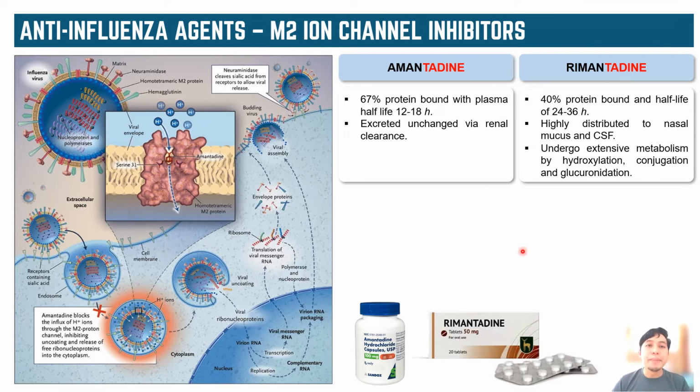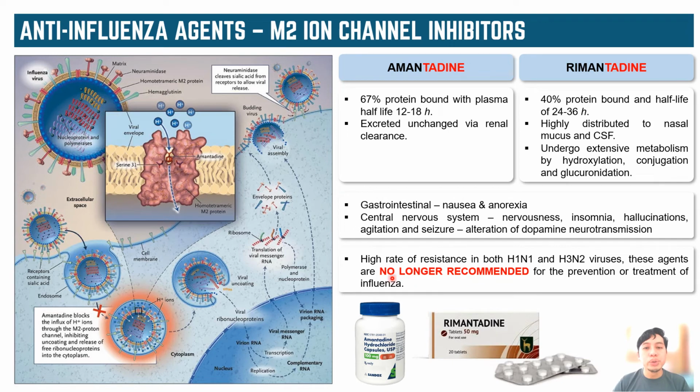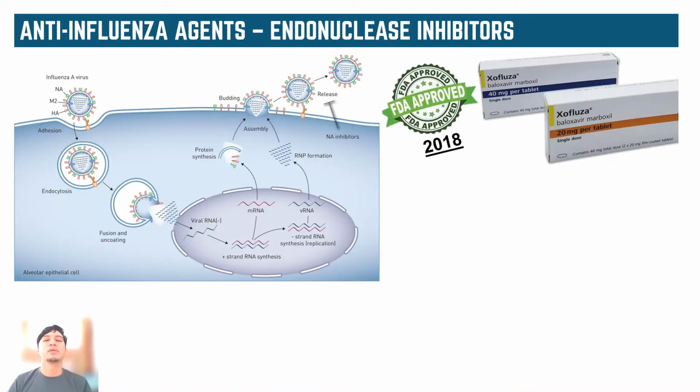These two agents may cause side effects such as nausea and anorexia, as well as insomnia, and can be worsened, which may cause delirium, hallucination, and seizure due to the alteration of dopamine neurotransmission. However, due to a high rate of resistance in both H1N1 and H3N2 viruses, these agents are no longer recommended for the prevention or treatment of influenza disease.